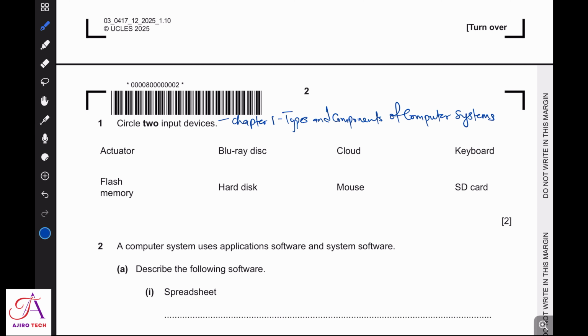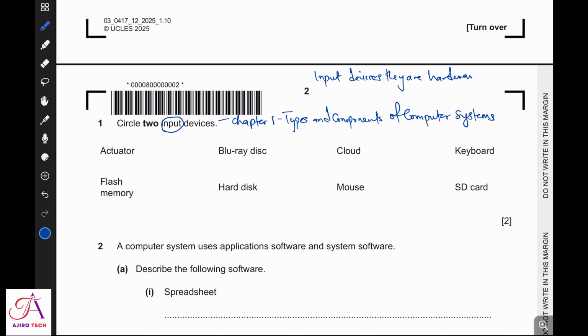Now, when we talk about the input device, we need to understand what it is, right? So it's important to understand that when it comes to input devices, they are hardware.